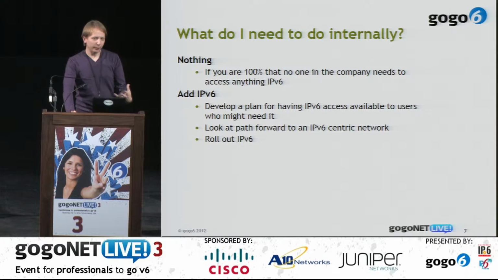So I think that is what you have to take into account. Can you really be sure that you're not going to run into that situation fairly soon, where you need to provide some sort of connectivity for your users to get to your customers outside and interact with them on IPv6?